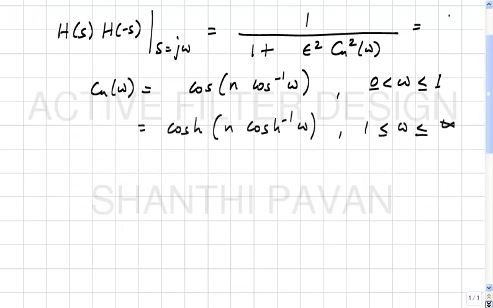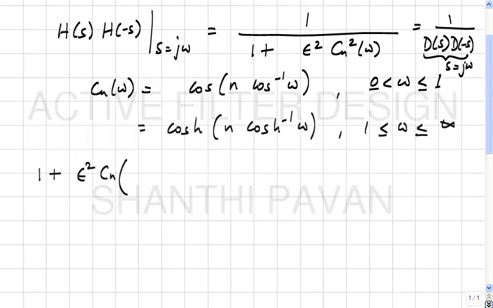So this is nothing but 1 over D(s) times D(-s) evaluated at s equal to j omega, which therefore means that to find the denominator polynomial itself, D(s), all we need to do is take a look at the denominator and replace omega by s by j.